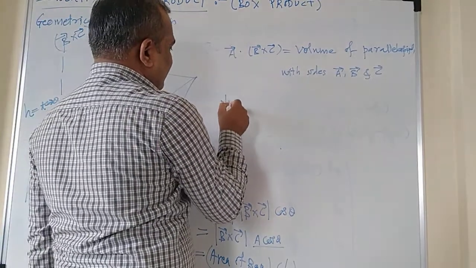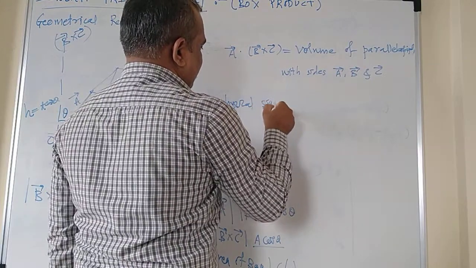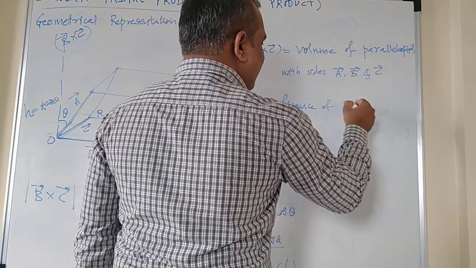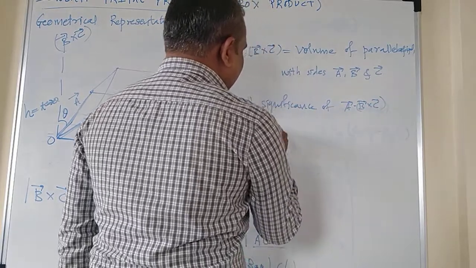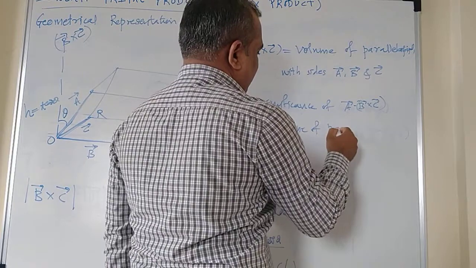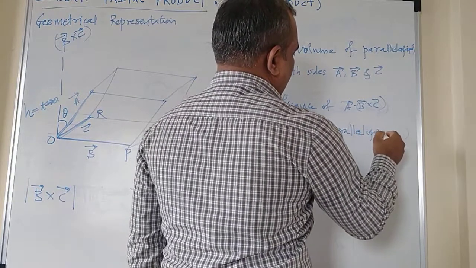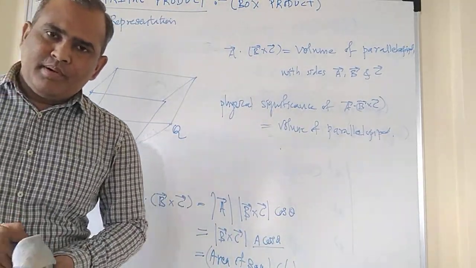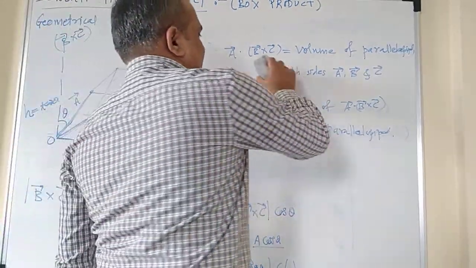The physical significance of the scalar triple product A bar dot B bar cross C bar is that it gives you the volume of the parallelepiped. Fine. So this is about the scalar triple product and its properties and the physical significance.